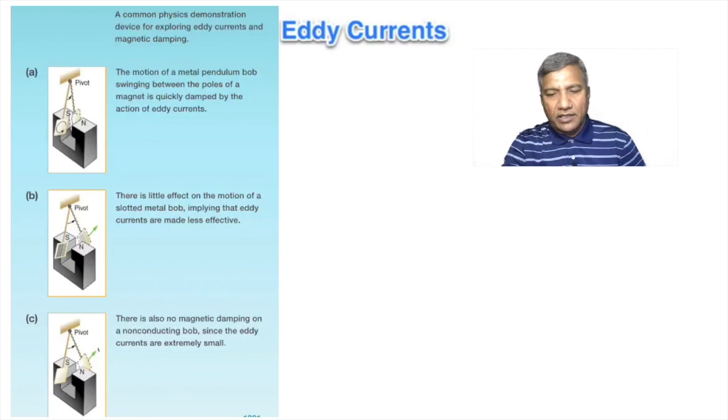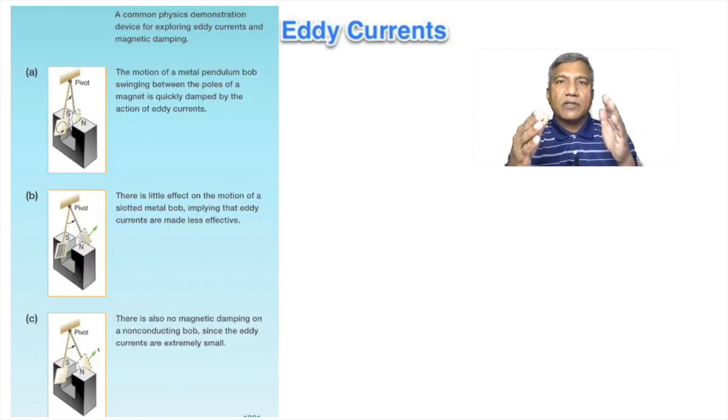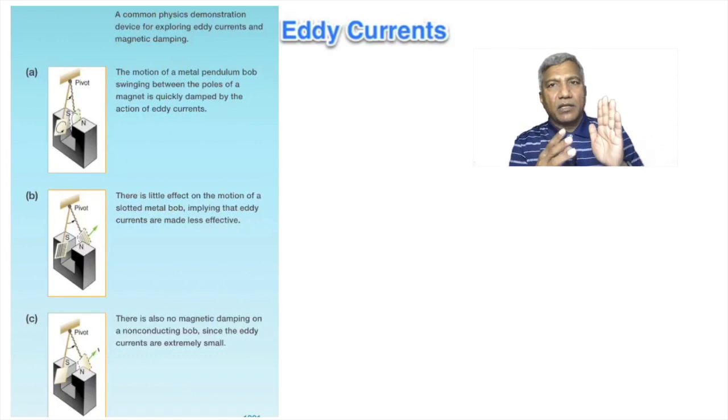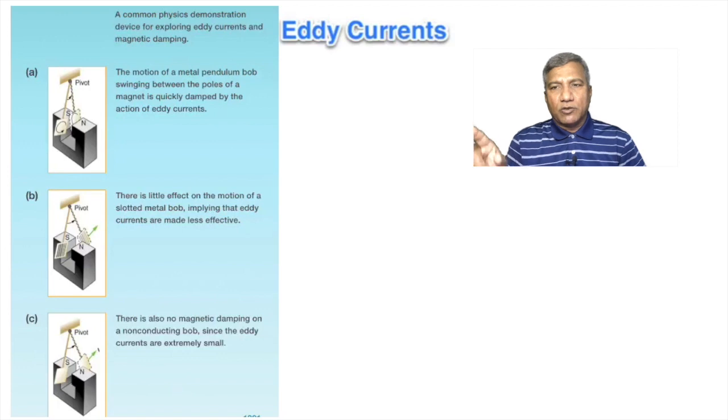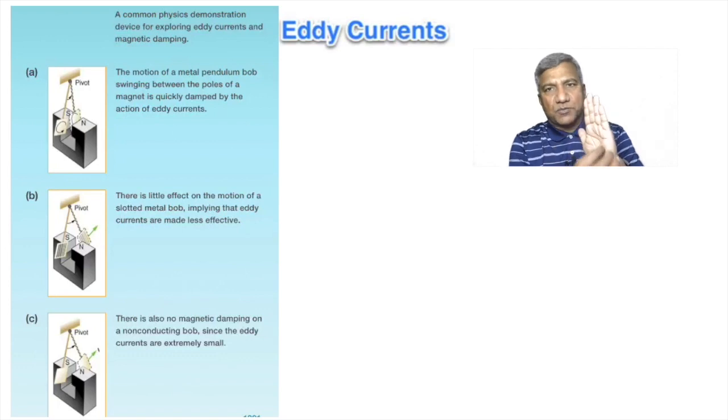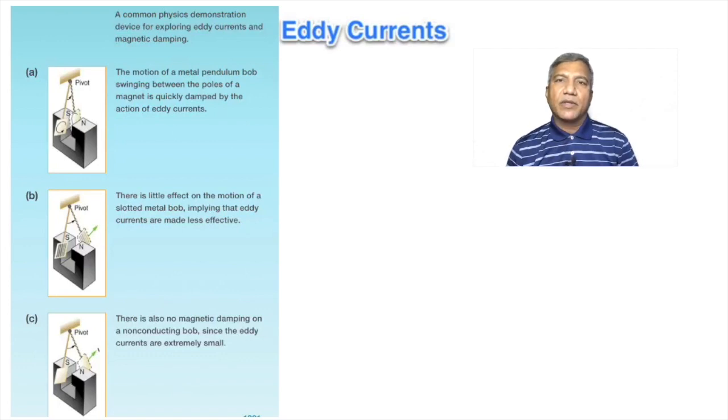But on the other hand, if you have the same aluminum plate with slots in it, then we see that the damping is smaller. It will make a few more swings. Why? Because now you have a reduced space because of the slots and smaller eddy currents.